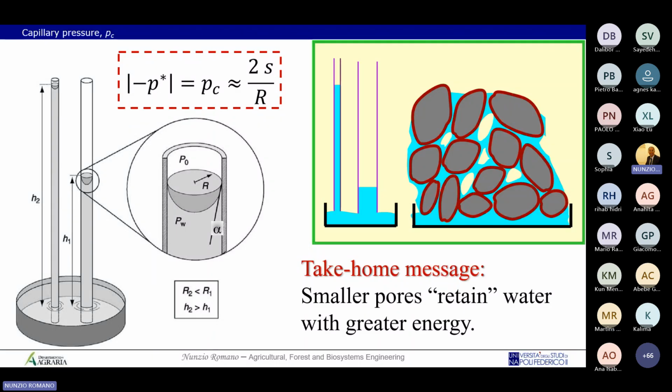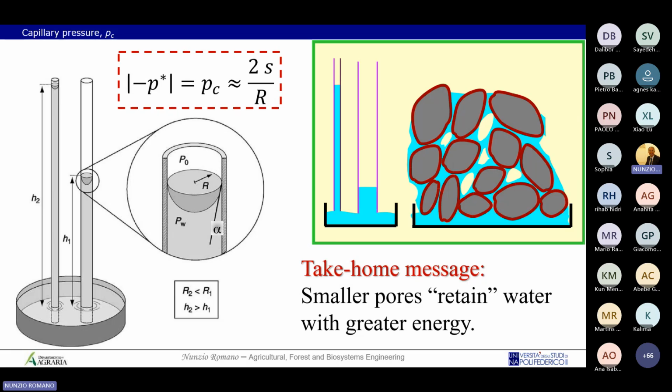And again, you should also keep in mind that the soil has a very complex porosity. So this complexity makes the retaining of water a very complex thing.